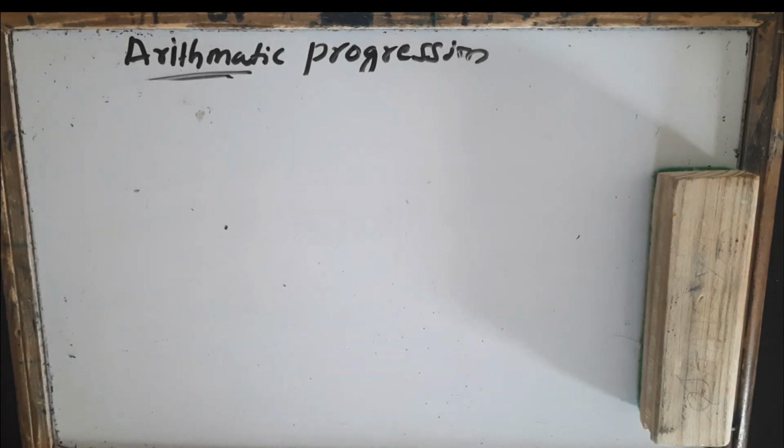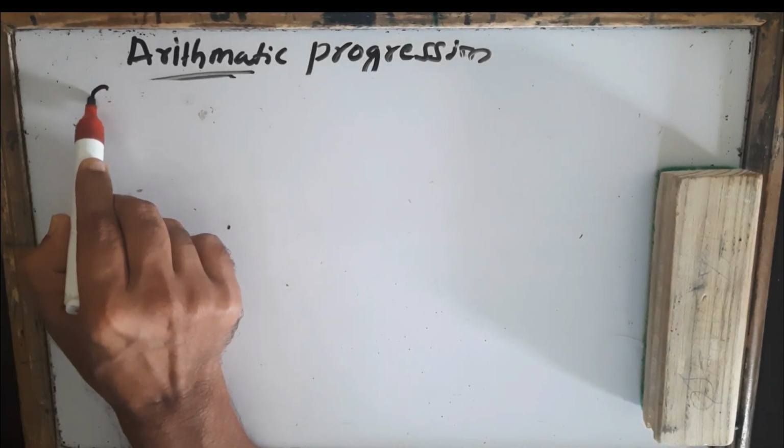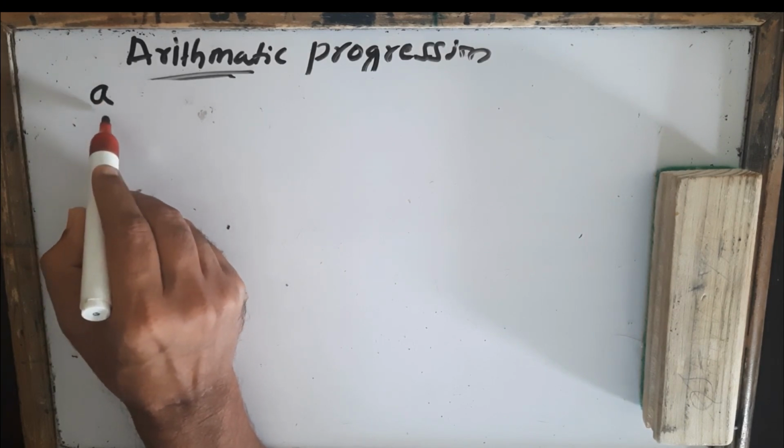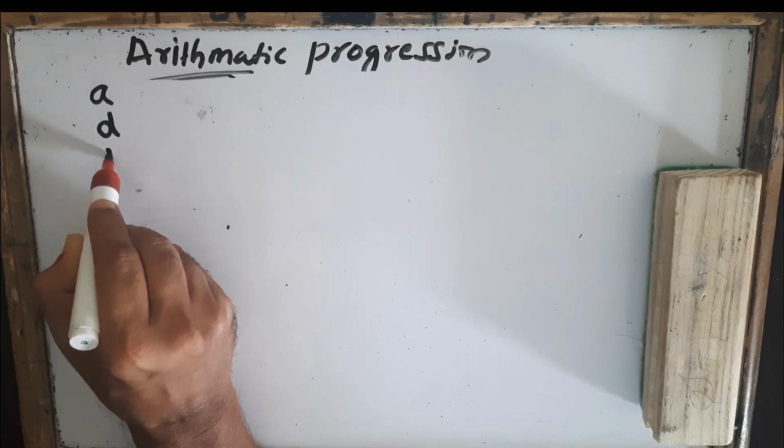Now we know that in arithmetic progression we will have the first element A, the difference D and the number of elements n.